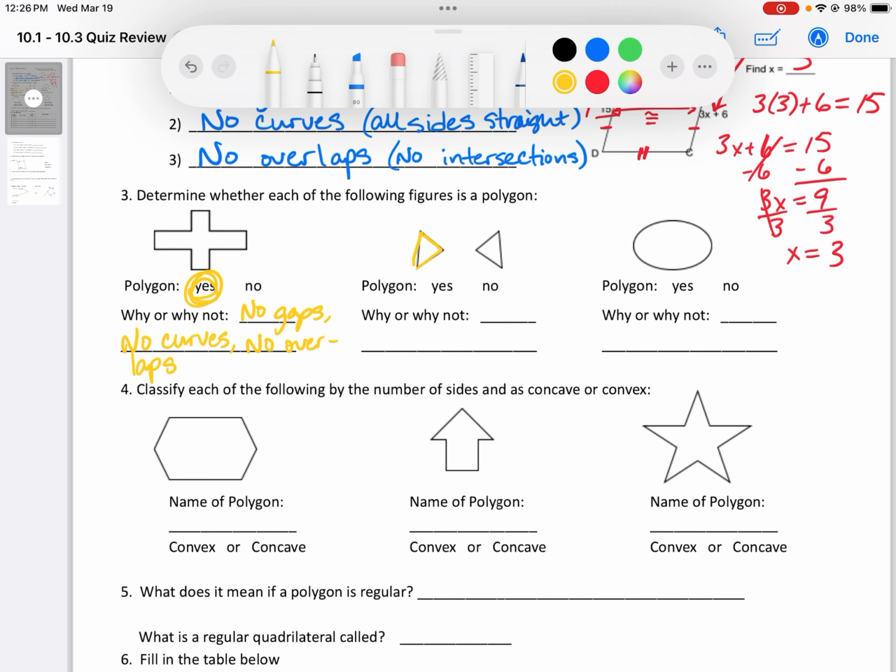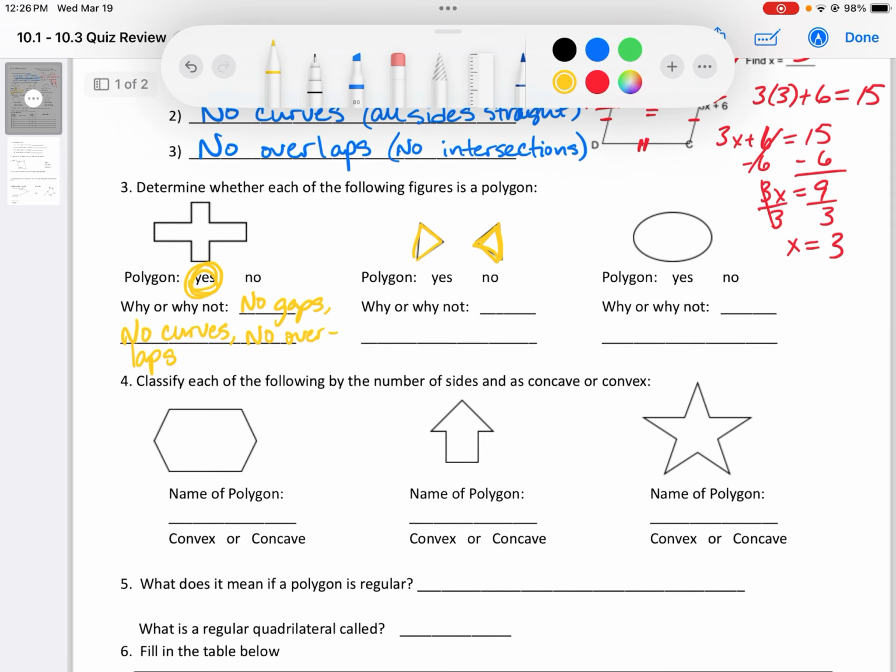Now this next one can be a little confusing because you have 2 individual things that, on their own, are polygons, but it's saying, are these 2 things together a polygon? And they are not, because they have a gap between them.